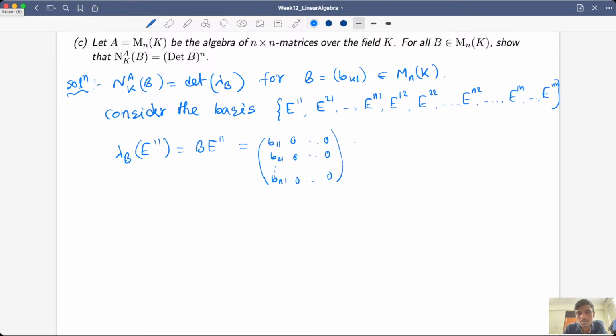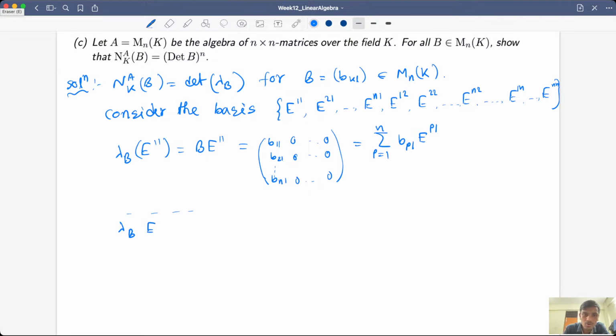I can write this simply as the sum over p from 1 to n of b_p1 E_p1, because it is b11 times E11 plus b21 times E21 and so on. So this is that.